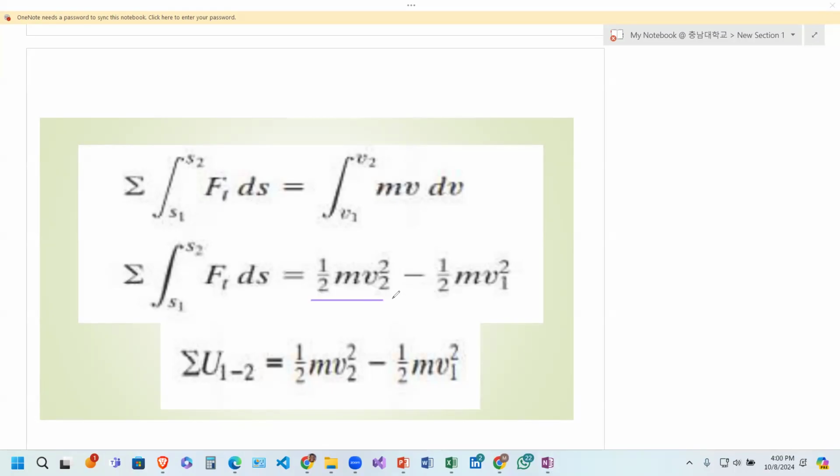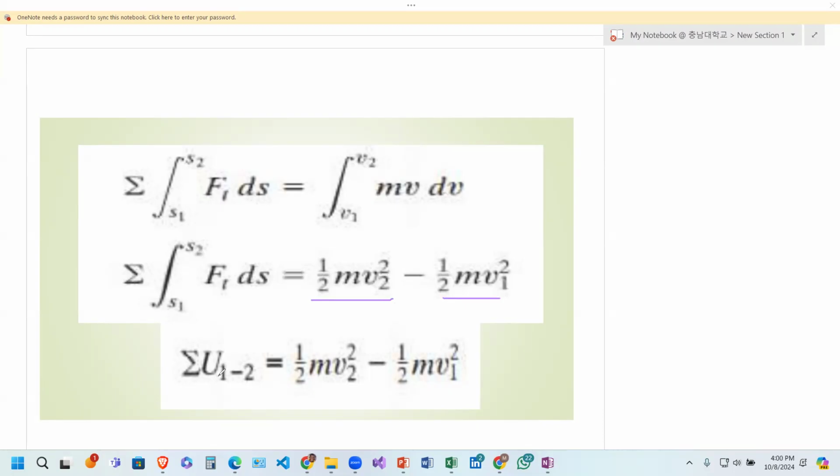So remember, we are bringing in the acceleration, whereby v is the final velocity at position 2, whereas v1 is the velocity at position 1. That means the work done will be given by the change in the kinetic energy between these two positions.